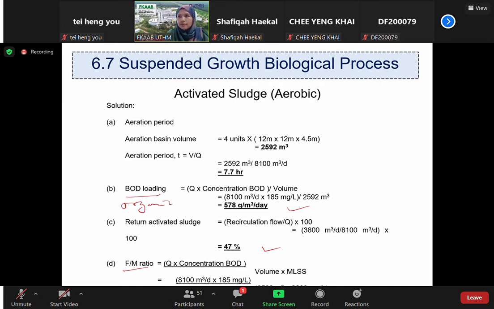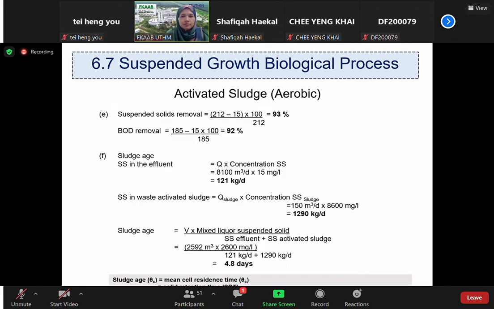Jadi dia punya range dia, kalau kurang, that means you are lacking in the F/M ratio. Most probably your microbes in the secondary wastewater treatment will die easily. Okay, then you can calculate the BOD removal, suspended solid removal, slash H sendiri, dan juga slash H ya. In here. Okay.